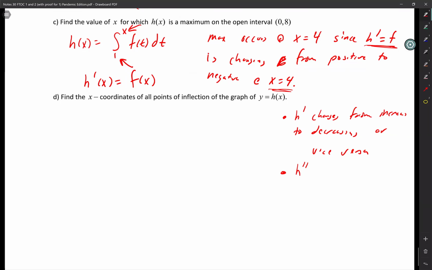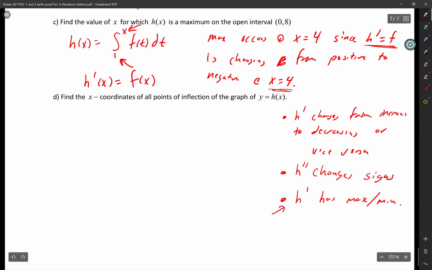You're right, zero or undefined, but h prime prime changes signs. And I guess there's one more: if h prime changes from increasing to decreasing, I guess you can say h prime has a max or min. But I wouldn't use this one. I would use these two.